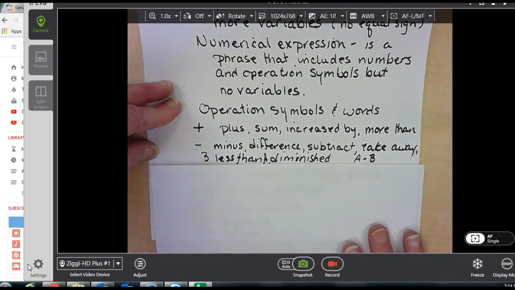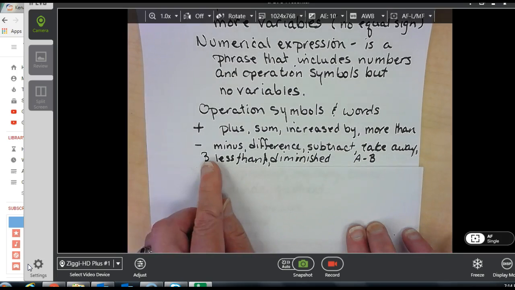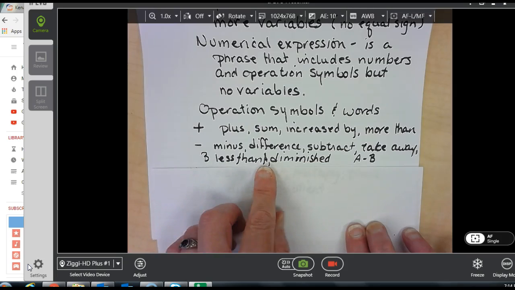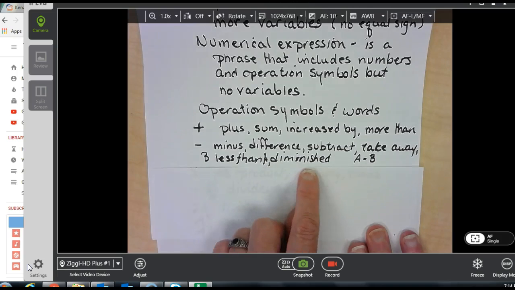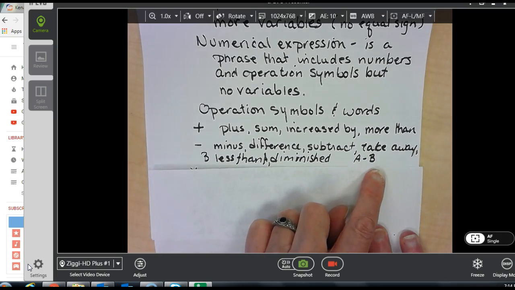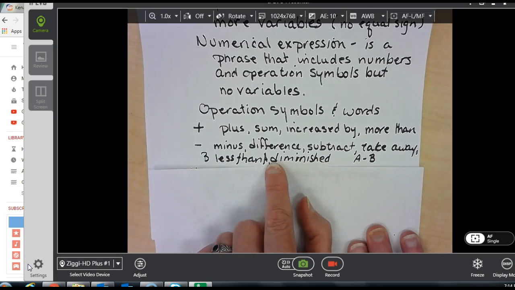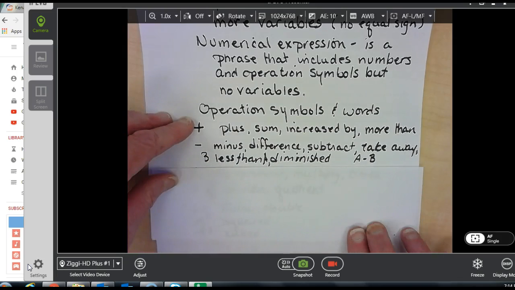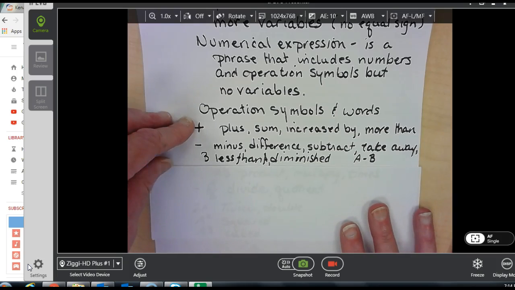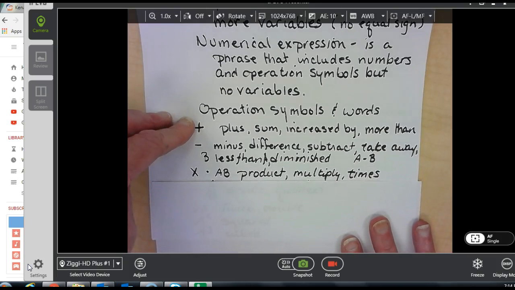A minus b. If we had b less than a, that means that we're taking b away from a, so you'd write it as a minus b. And you could also say that that was diminished when we subtract. So we can use several different words to mean the same thing.